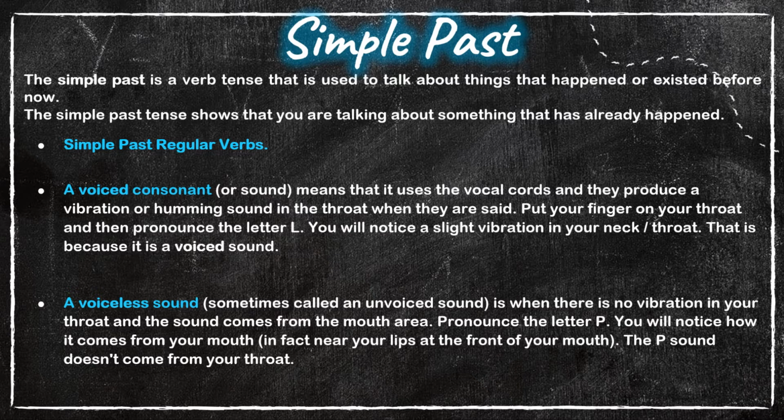So pay attention to these voiced consonants and voiceless sounds because you will use them to pronounce that ed in regular verbs in past. Okay, there are three ways in which you have to pronounce that ed of regular verbs in simple past.